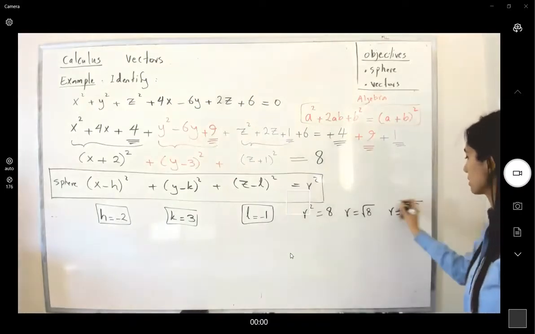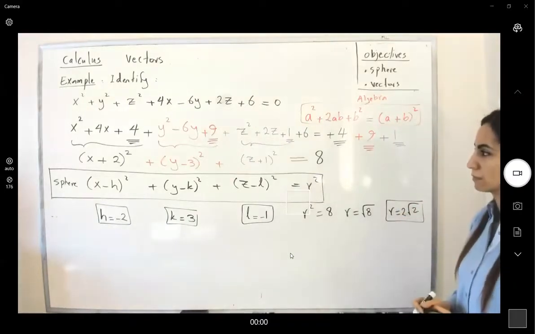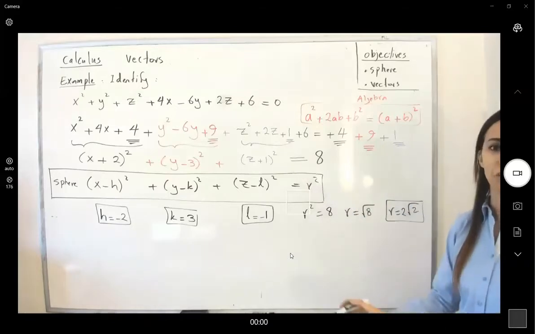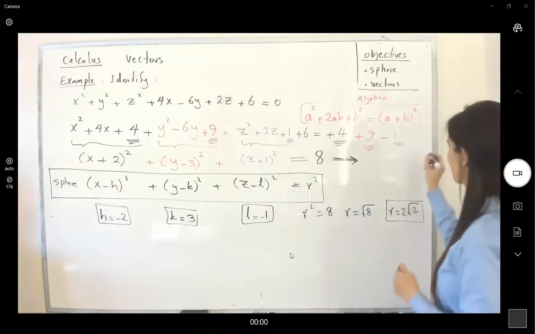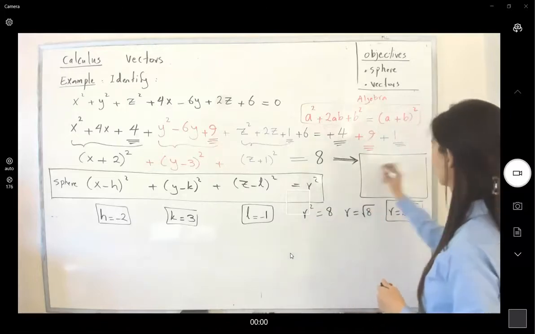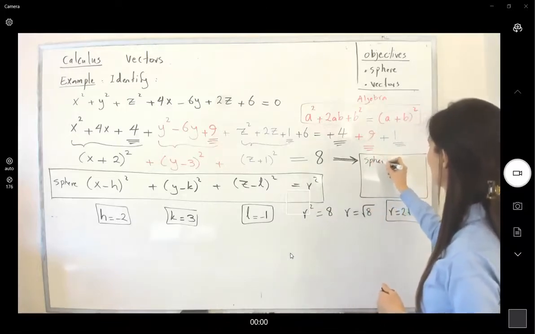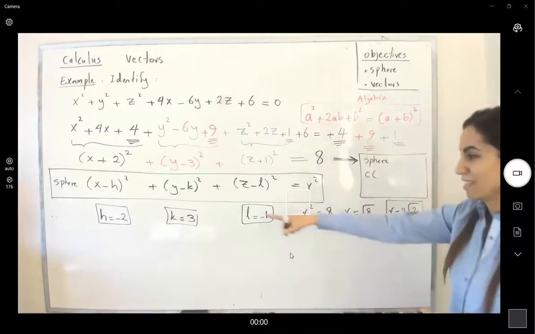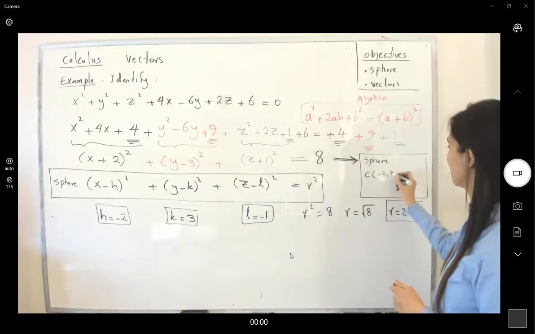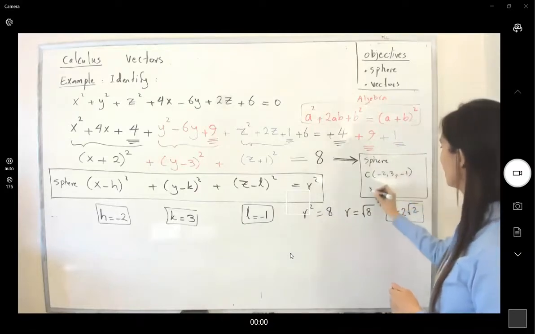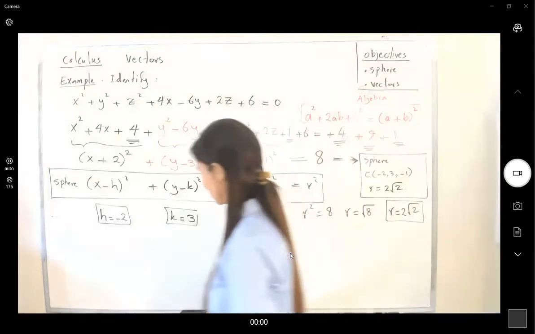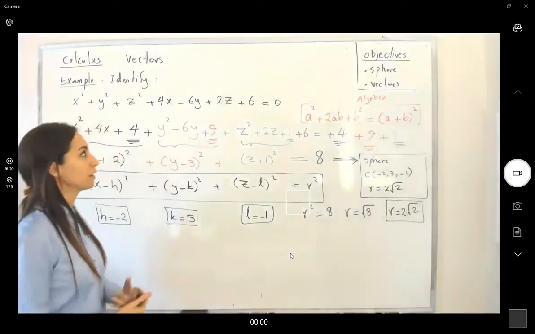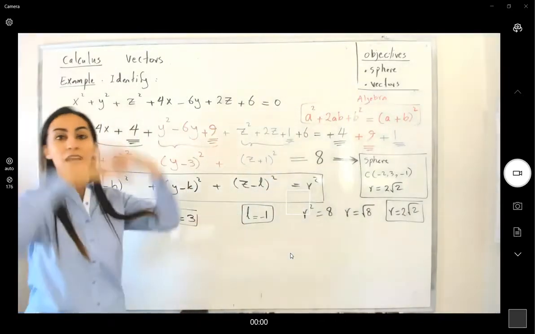This is your radius. So what is this? This is a sphere with center (-2, 3, -1), and radius is 2 square root of 2. You identify this equation in this way.